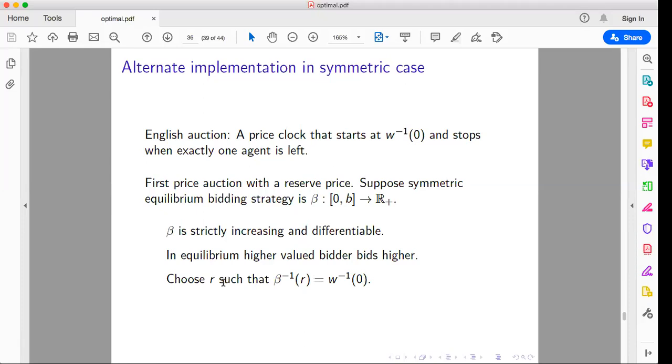Whenever the values of the bidders are less than W inverse 0, we don't want to allocate. Well, in that case, remember, a bidder with value W inverse 0 will bid beta W inverse 0. Right? Beta W inverse 0 is the bid of a bidder in first price auction when he has value W inverse 0.